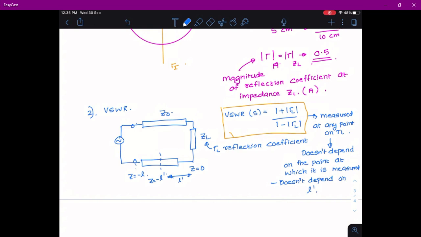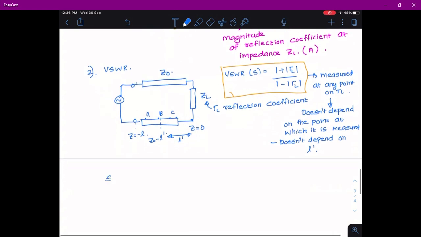So if you measure the VSWR at point A, at point B, at point C or at load, you will have the same VSWR or SWR. At any point you will have the same SWR.